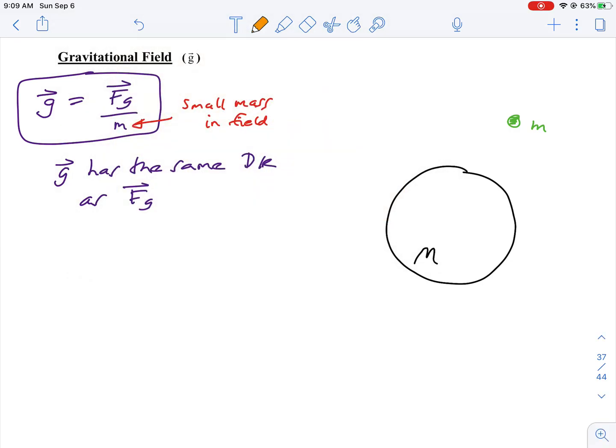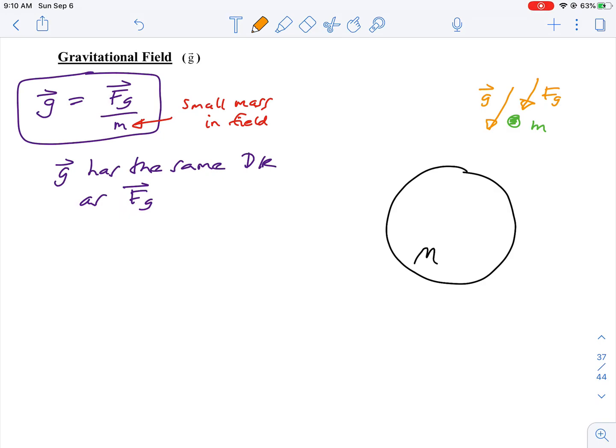And I'm sure you guys are all aware that Fg is going to act towards the center. So if that's actually the case, then that means that gravity must act in the same direction. So G will act in the same direction as the Fg. And you notice that G is acting towards the center of the Earth. And I think we're all comfortable with that gravity acts downward, okay, towards the surface of the Earth.